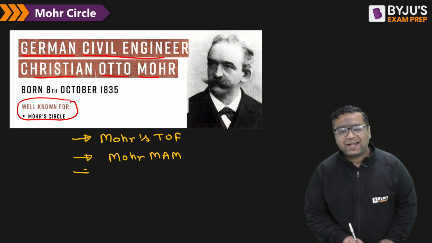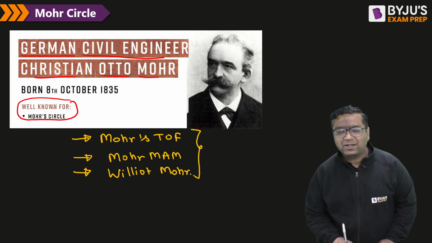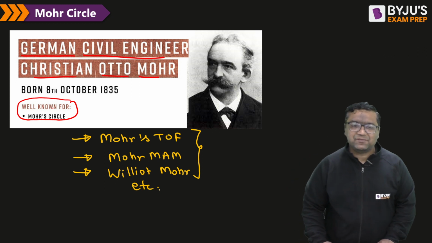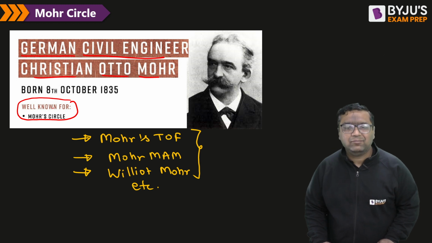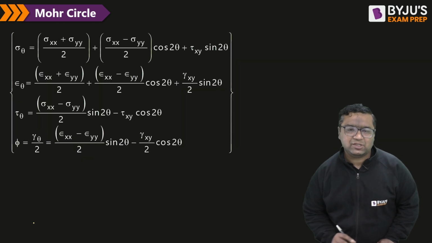And in structures, in the trusses topic, you have seen the Williott-Mohr diagram. That is also related to this person. So guys, this is the wonderful contribution of this wonderful civil engineer, Sir Christian Otto Mohr. So now, giving a lot of regards to him, we are starting the session, my dear.